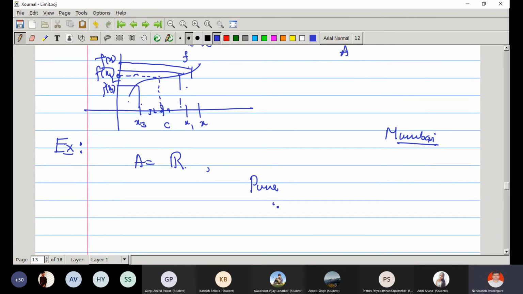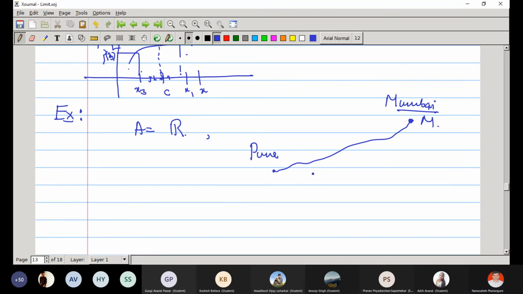So you are going from Pune to Mumbai, you are here and you have started, and this is the final destination M, right? So how will you prove that you are going towards Mumbai? Because our aim is f of x is tending towards the limit L as x tends to C. f of x tends to L as x tends to C. This is our aim. Suppose the time required from Pune to Mumbai is 120 minutes.